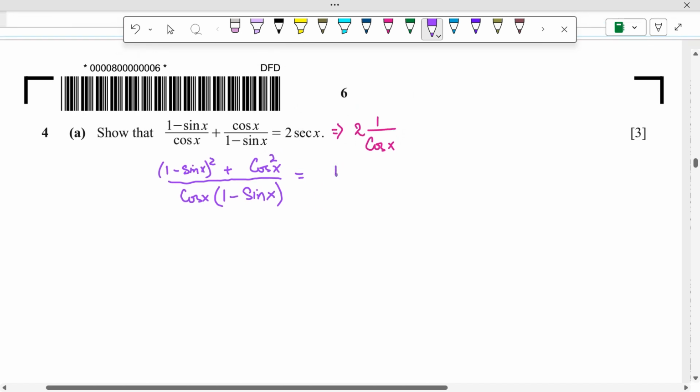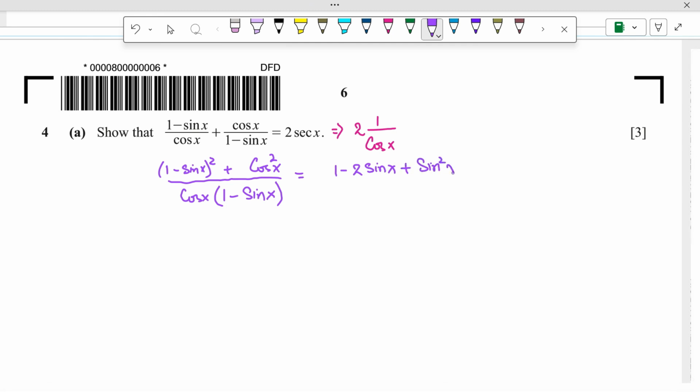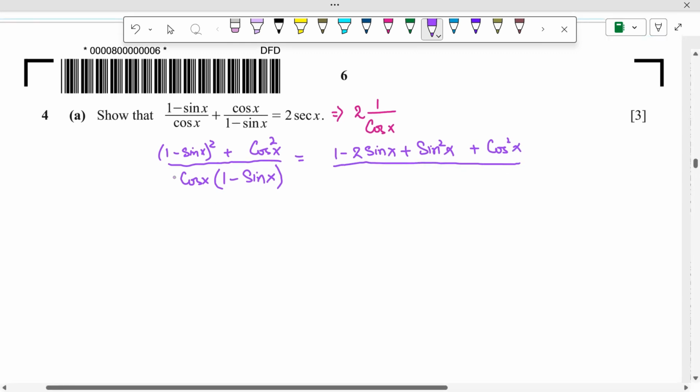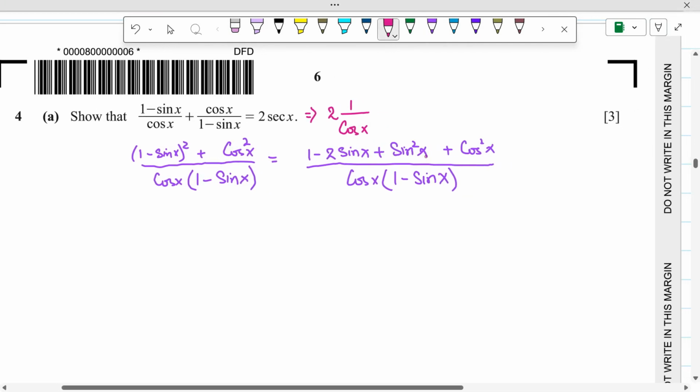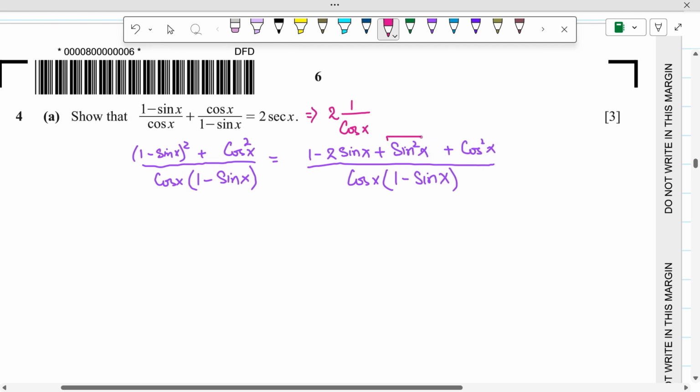So this one is equal to 1 minus 2 sine of x plus sine square of x plus cos square of x, and in the denominator we will have cos of x times (1 minus sine of x). Everyone should know that sine square of x plus cos square of x is equal to 1. So this one is equal to 1.